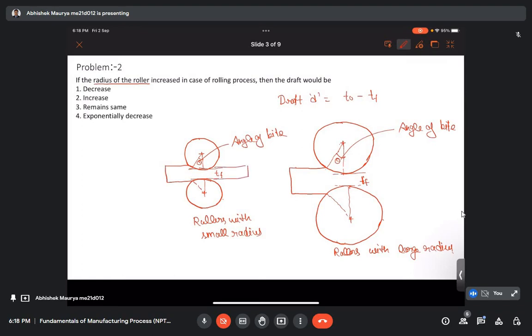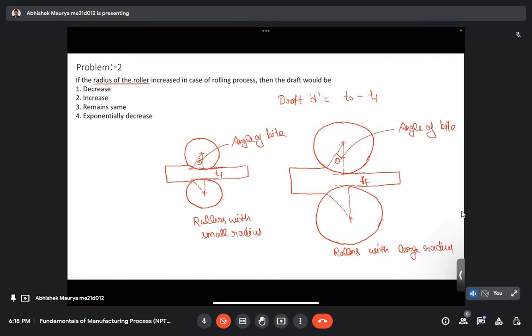So in both cases we can see, in the case of a smaller roller, for fixed angle of bite and for fixed final thickness we are having, let's say we are giving a name here TF1, and here we are giving TF2.